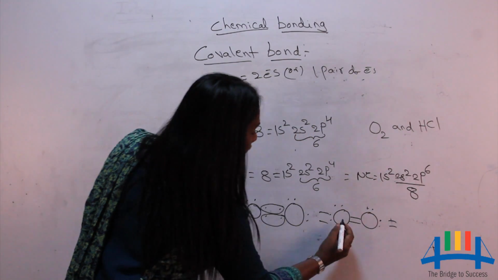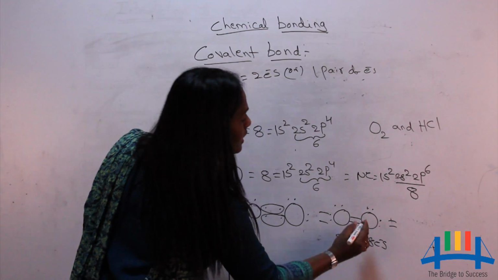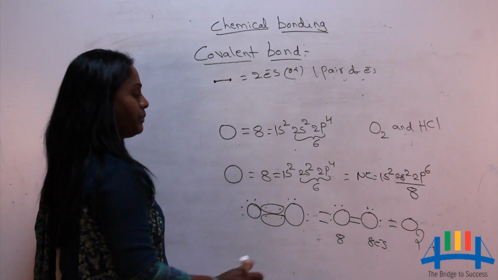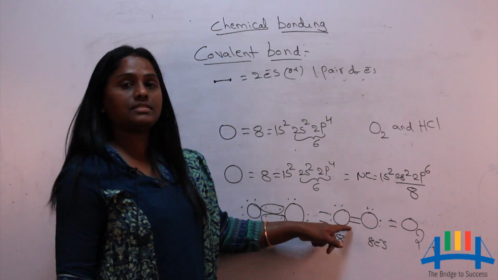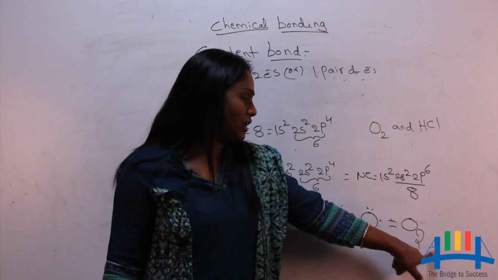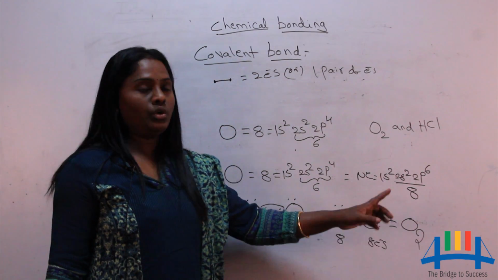Like neon, each oxygen gets 8 electrons after sharing, and then I can write it as O2 with a double bond. Now I have 8 and 8 electrons, so I can write it as the O2 molecule.